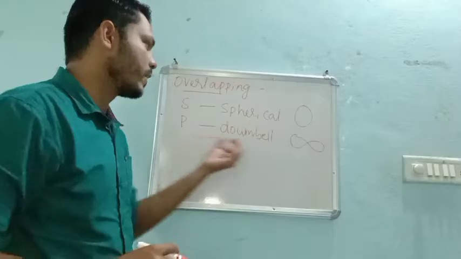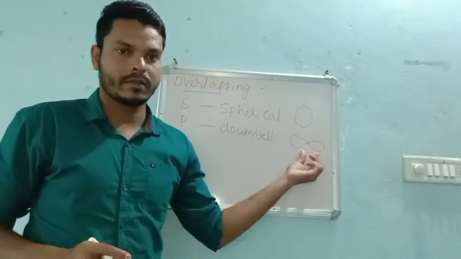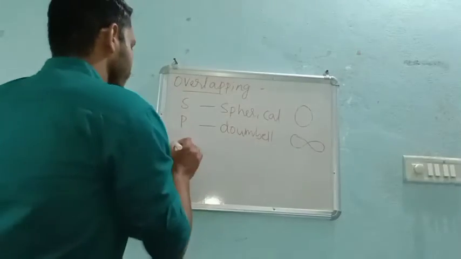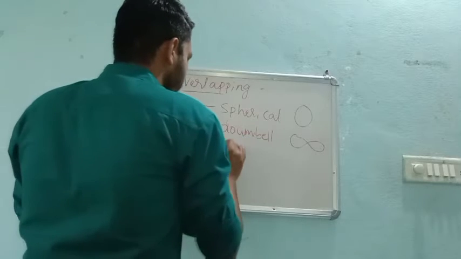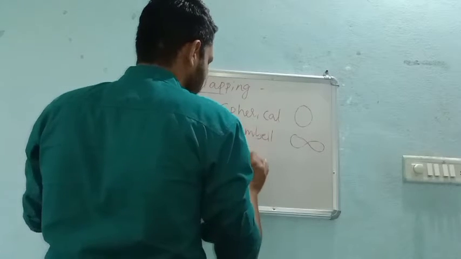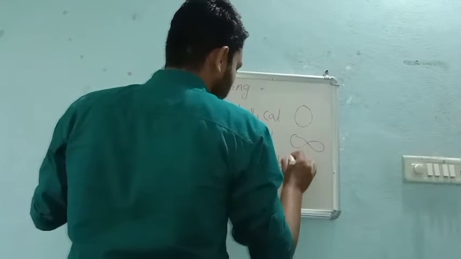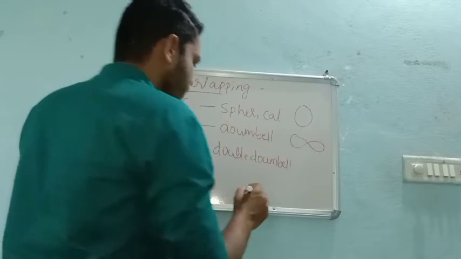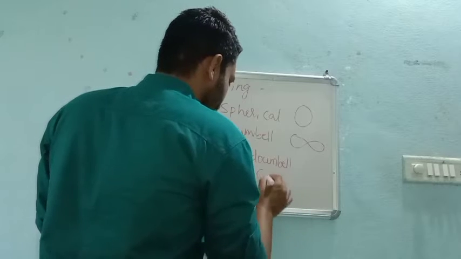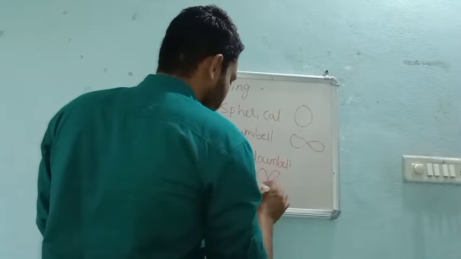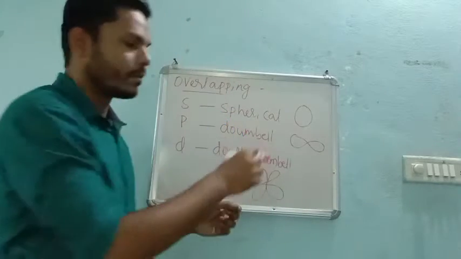P always has a dumbbell-like structure, and D has a double dumbbell shape. We can show it in any manner, a double dumbbell, right?